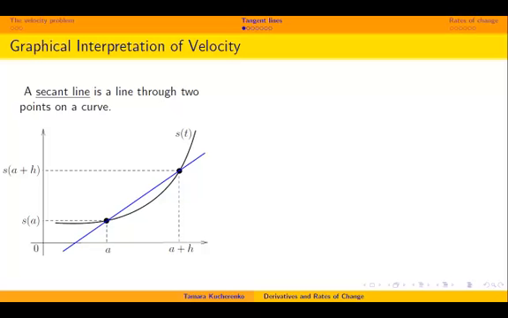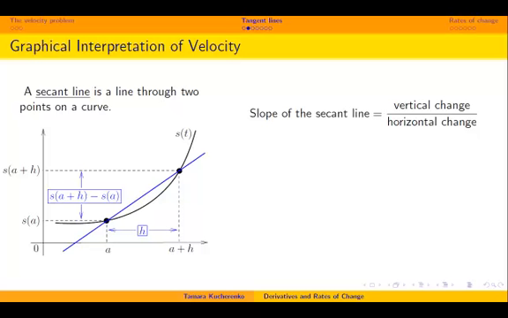Let's compute the slope of the secant line. The slope equals vertical change over horizontal change. Horizontal change is the difference between a plus h and a, which is h.